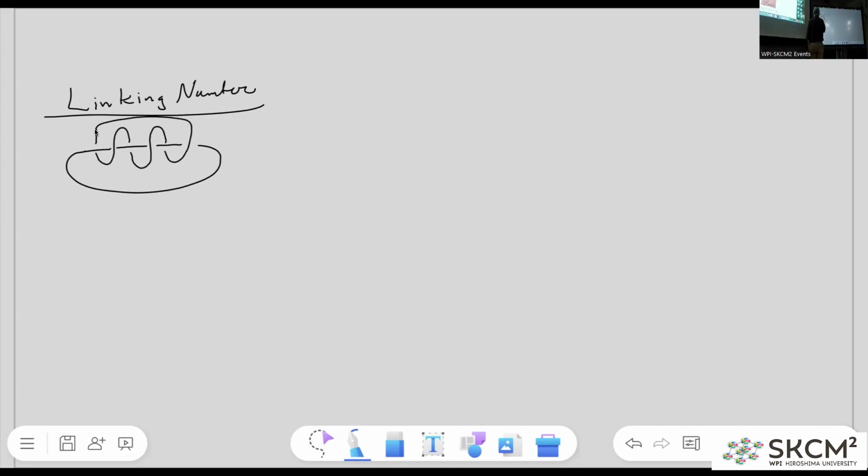So we said we wanted to know the linking number of a link like this, and we said, well, we'll orient one of them. And then we'll orient the other one. And then we'll look at the signs of the crossings.